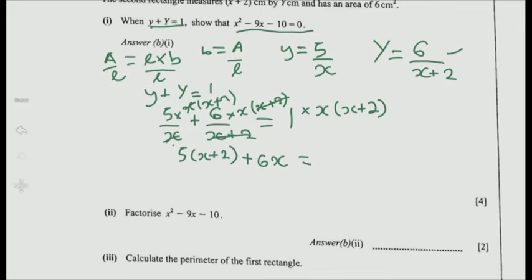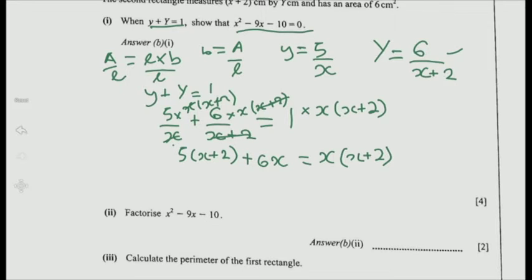You have 1 times x, which is x, into x plus 2. Right. Looking at our equation, we can reduce it further by removing brackets and collecting like terms.